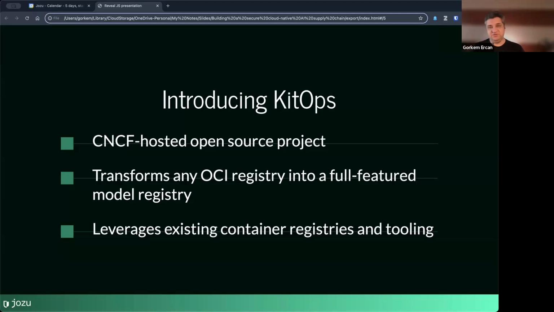It uses the existing container registries themselves. It is based on the OCI specification, which is one of the fundamental cloud native standards out there. So essentially, what it does is it transforms your AI/ML into a cloud native environment.